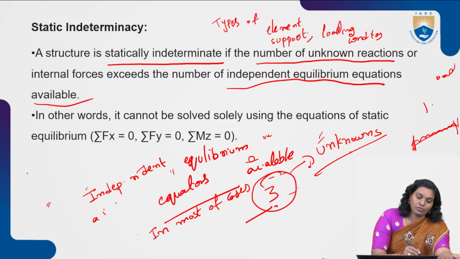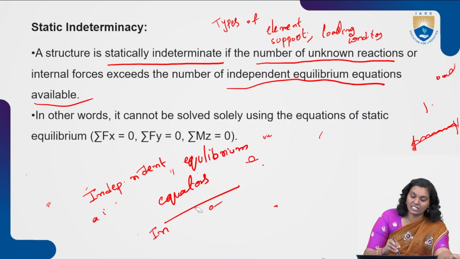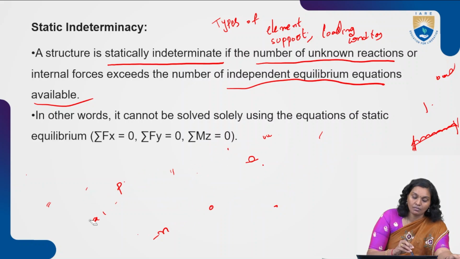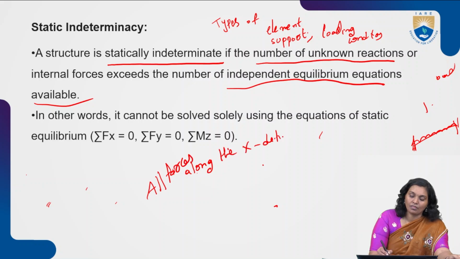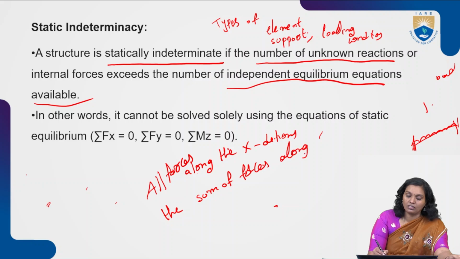Now what we understand from these equilibrium equations is this. All forces involved along the x direction: the sum of forces along the x direction is equal to 0.